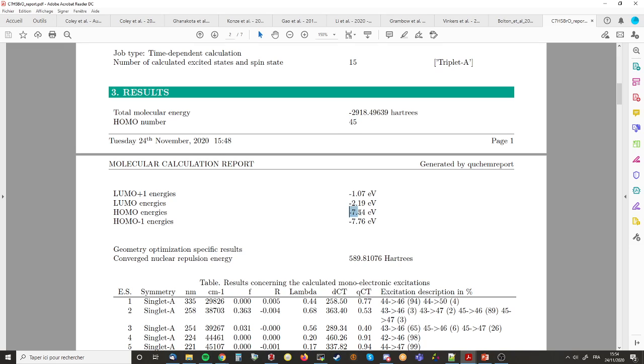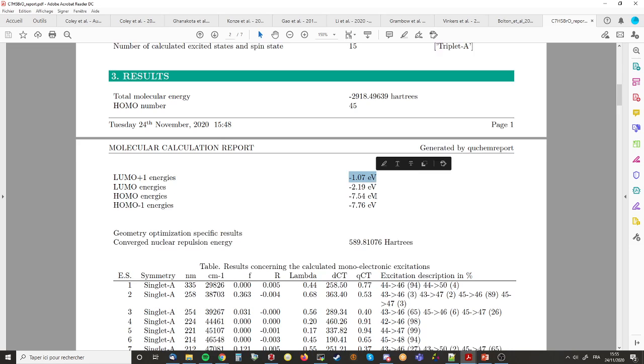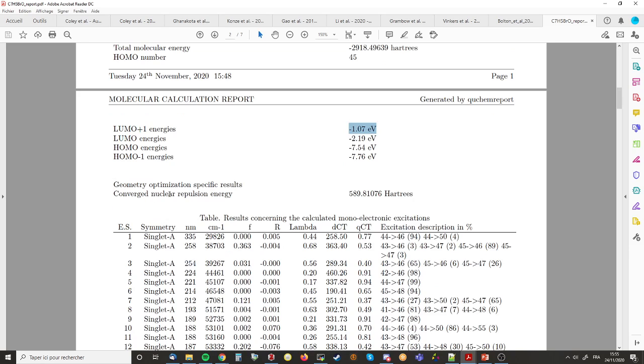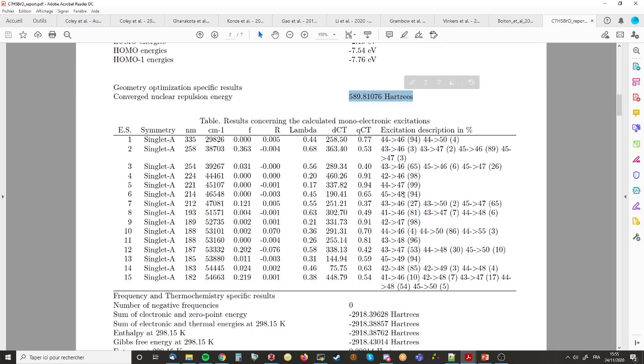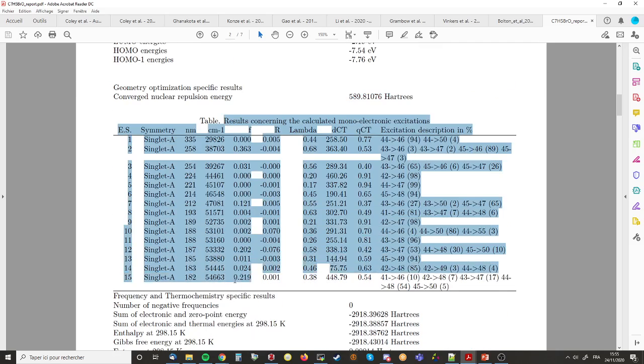The HOMO energy, LUMO energy, and there is the HOMO minus 1 and LUMO plus 1 to check if you have some degenerate states, for example. You have the converged nuclear repulsion energy, if you want to compare the repulsion energy between two conformers and so on. Then we have some TDDFT calculation results, and I will follow them.